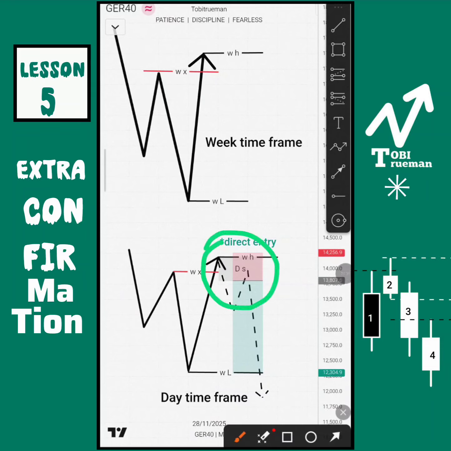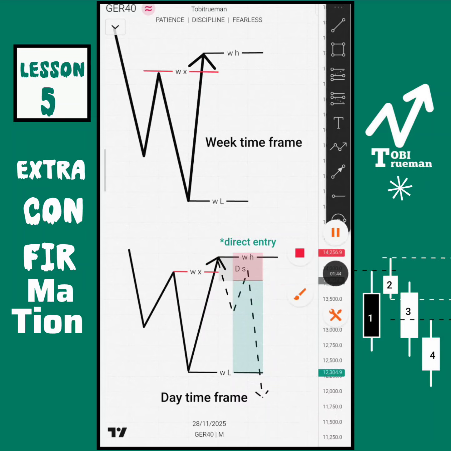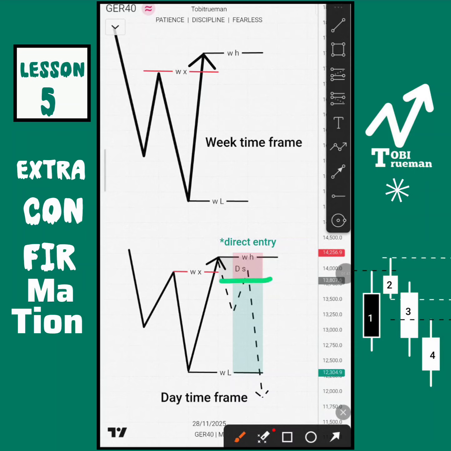If we see it, we set our direct entry here. What I mean by direct entry is also a sell limit or a buy limit. We set our entry, and then we expect price to come into this range and take out this previous week low.